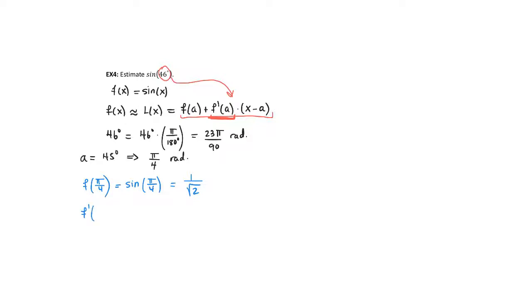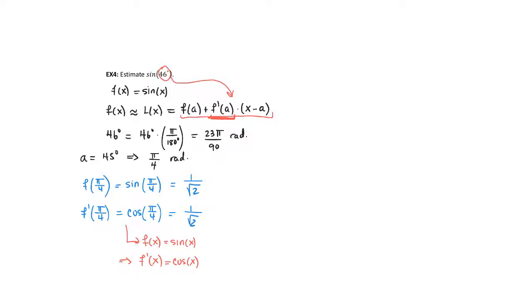Similarly, f prime of pi over 4 is going to be equal to cosine of pi over 4, which is equal to 1 over root 2. And if you're wondering where I got the cosine, remember that f of x is equal to sine x. That really means that f prime of x is equal to cosine of x. That's where the cosine came from.